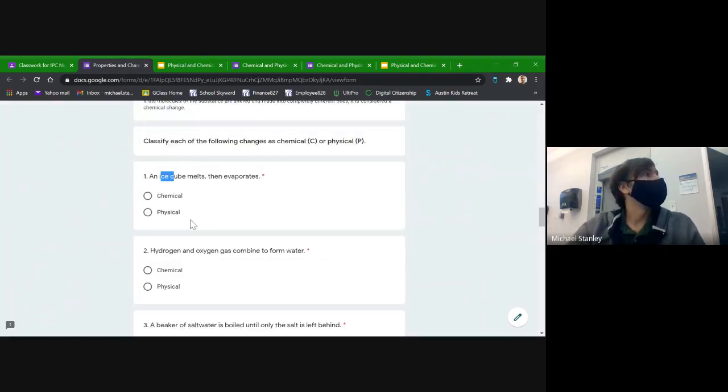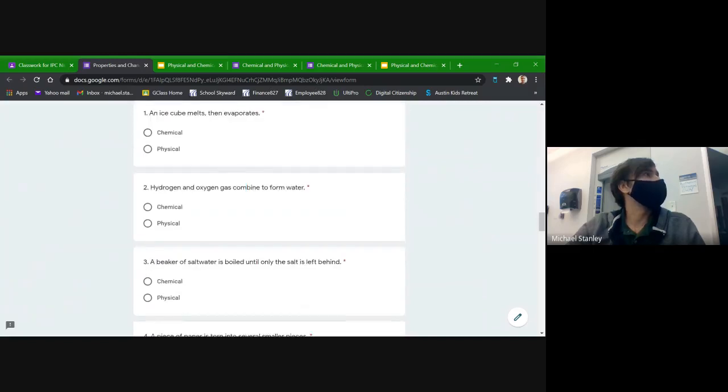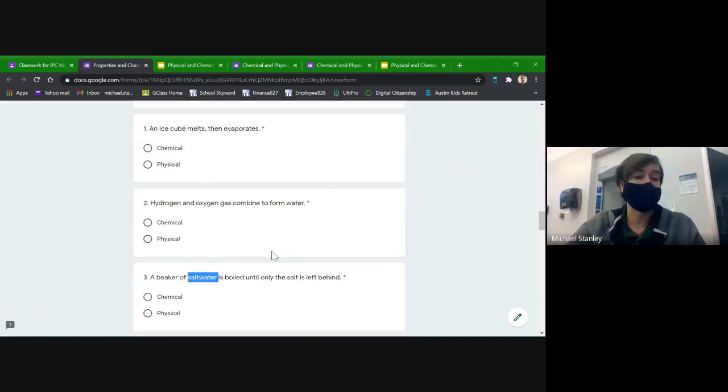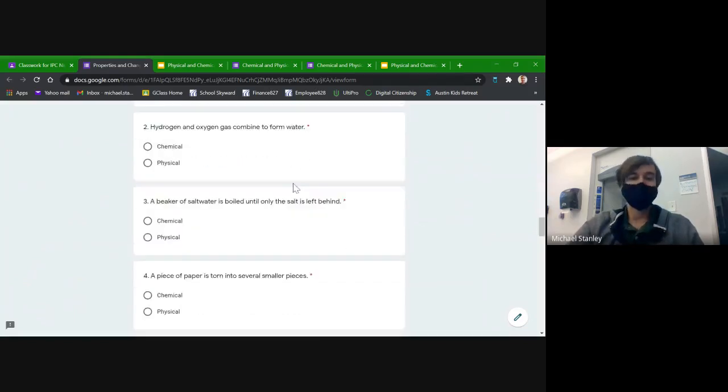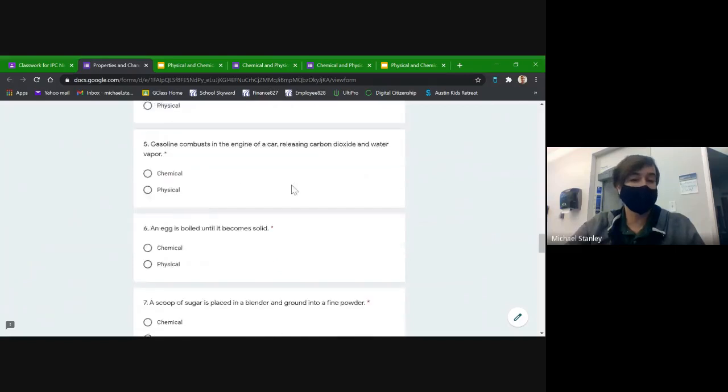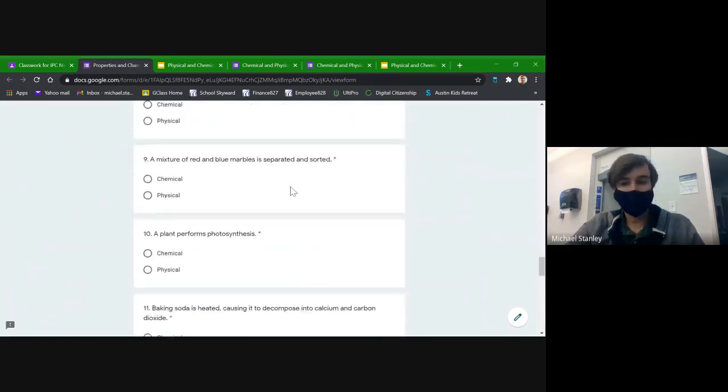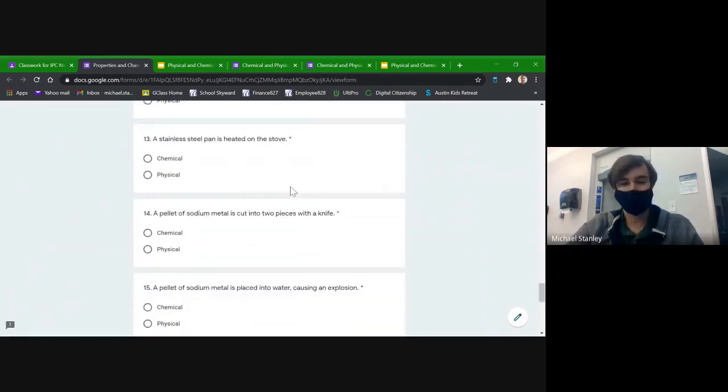So this ice cube, these gases, the saltwater, they're all going through changes, and it's up to you to tell me, are they going through chemical changes or physical changes? And you do that for this final set of scenarios here.